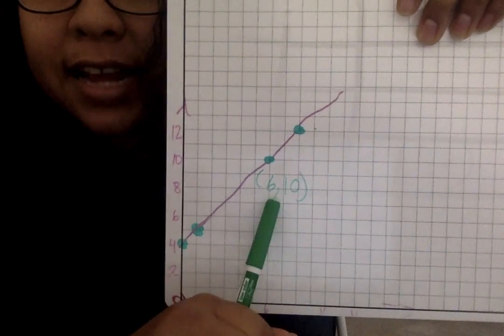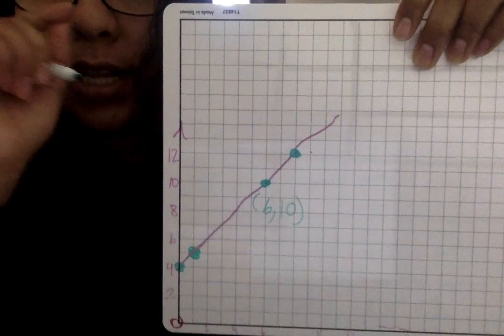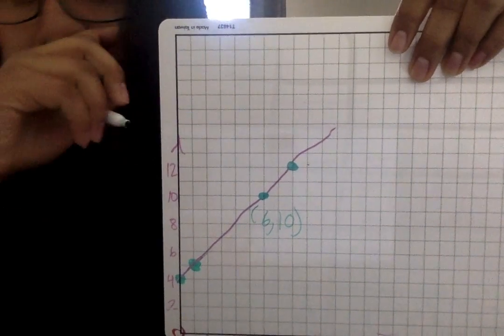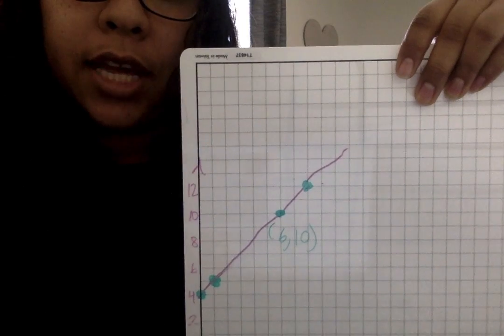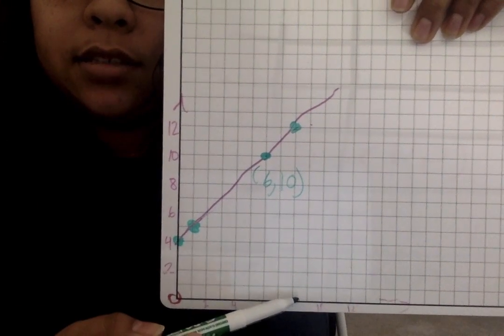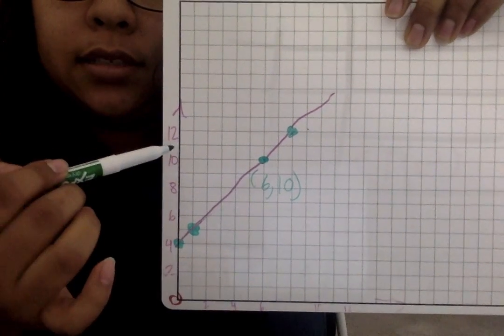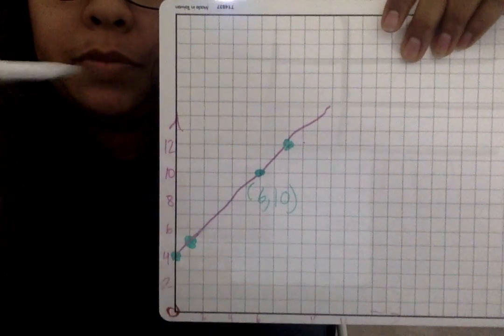I'm going to plug in that answer for problem C on Classkick, and then I need the coordinate pair for this point as well. What is the x-axis? What is the y-axis? And then put them together in parentheses. So that's it for your lesson 8 Classkick assignment.